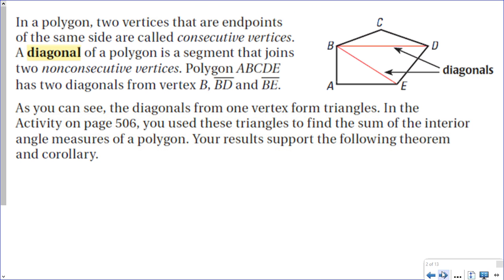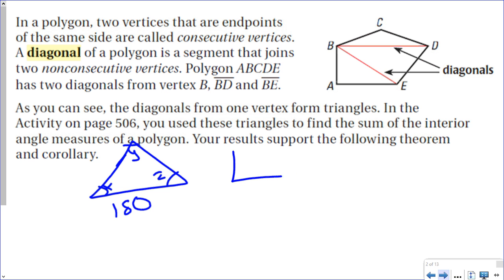Now to do that, first it's all based off of this right here. Earlier in the year we had a triangle, and we would add up those three angles. If you added up the three angles inside a triangle, the sum was always equal to 180. Now if you take a four-sided object, a quadrilateral, break it up into two triangles by connecting the diagonals.